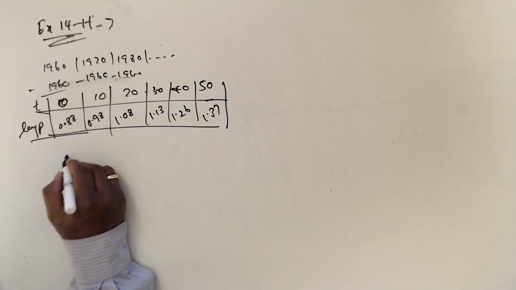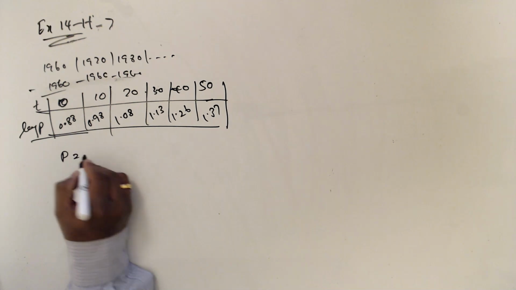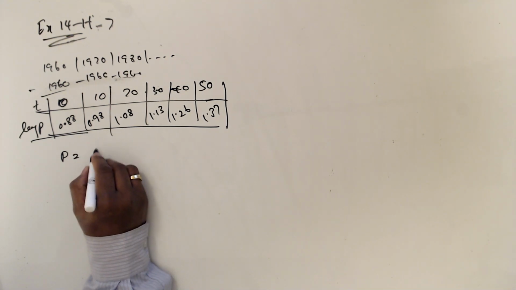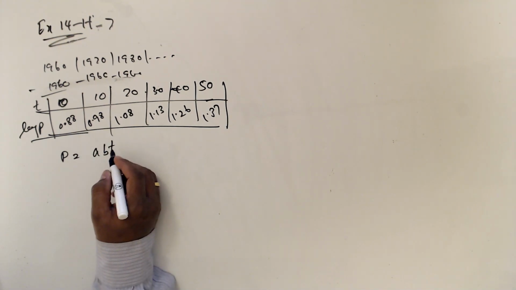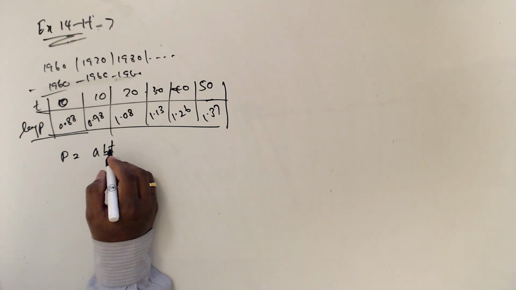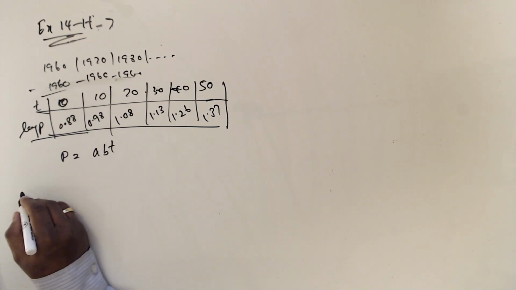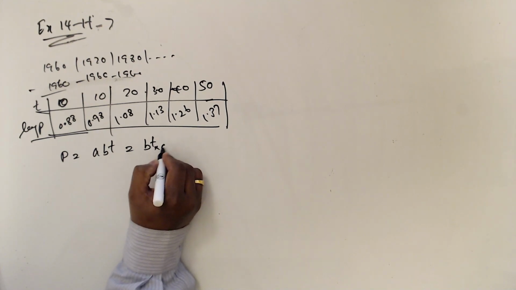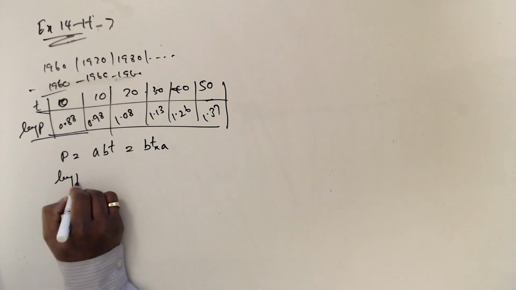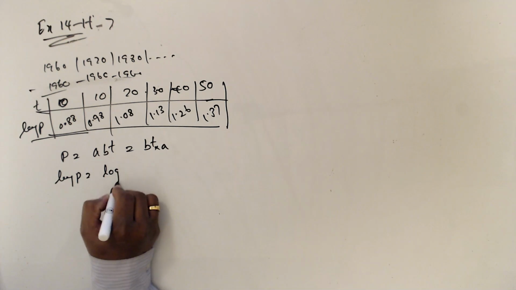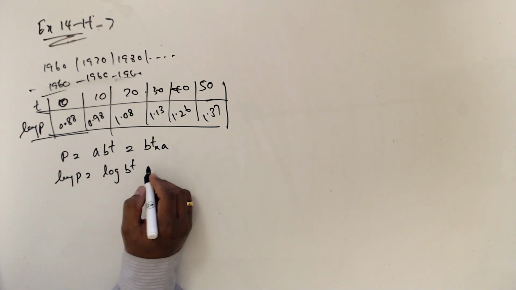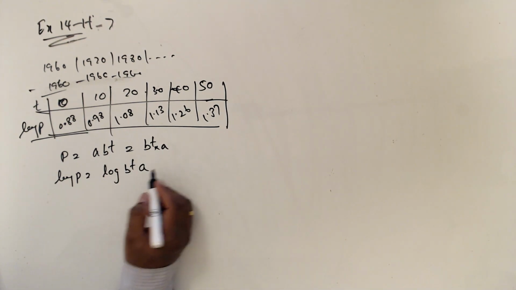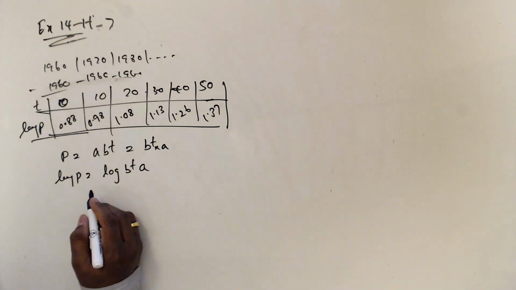Then we want to turn this p equals a b^t into this form. So log p equals log a b^t.